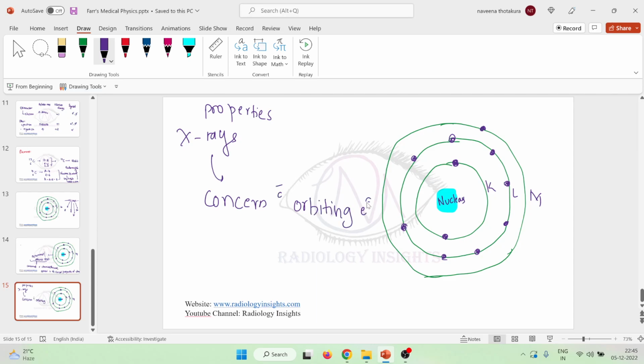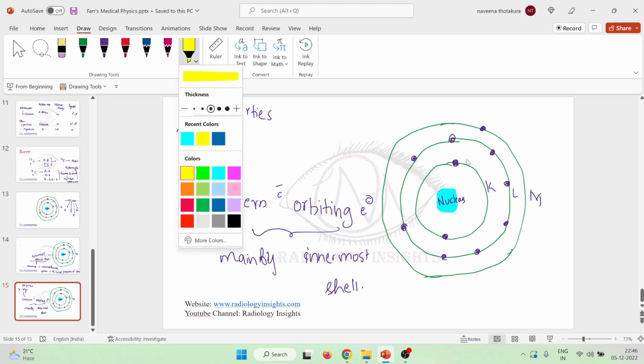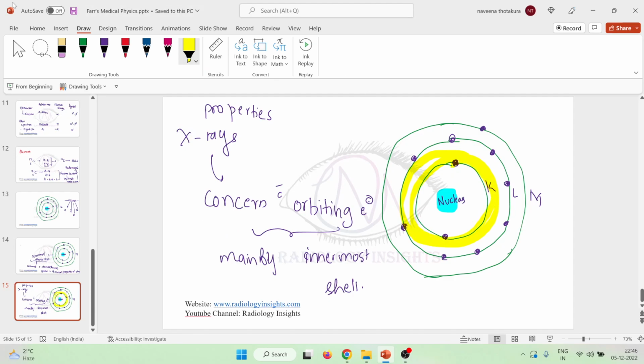But where are these orbiting electrons? These are mainly in the innermost shells. The electrons in the innermost shell are the ones which are important to determine the properties of X-rays.